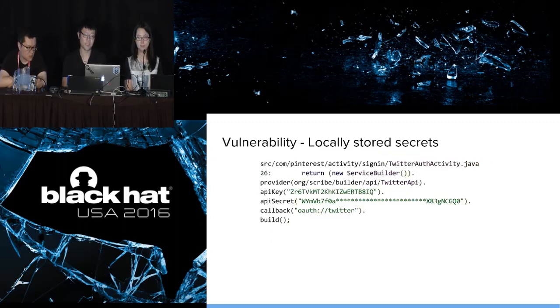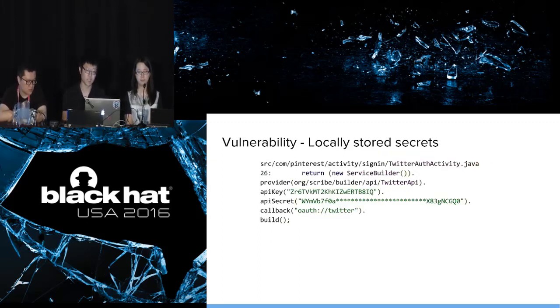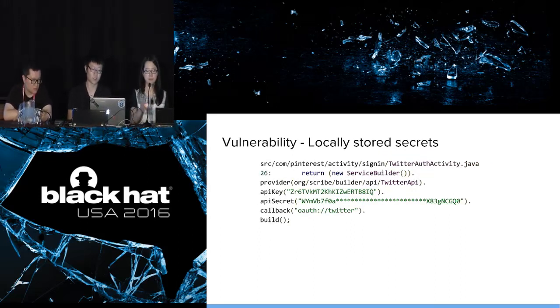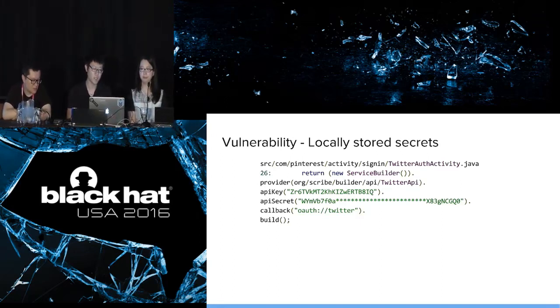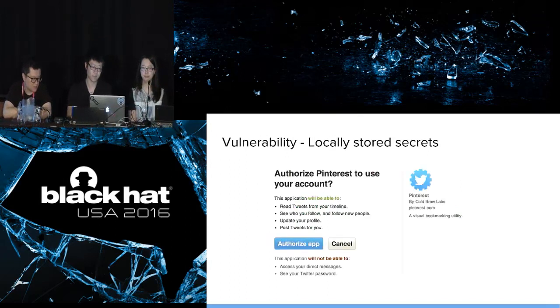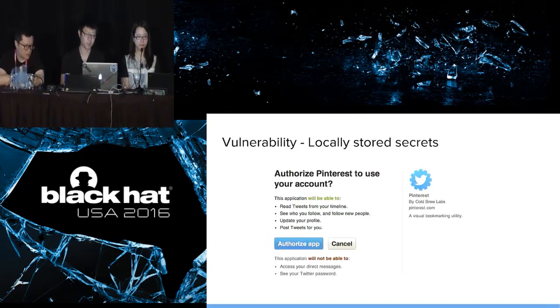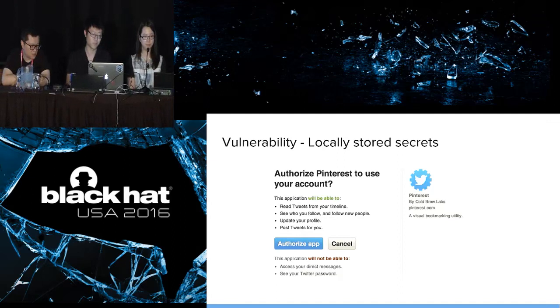So what we did was take the Pinterest application and decompile it. It's not very hard to find the OAuth secret, since you can just search for secret, and here is the actual code. Once you have the secret, you can pretend to be Pinterest.